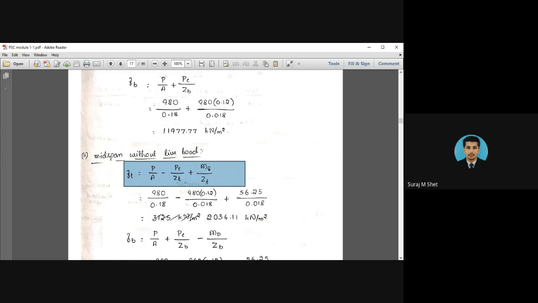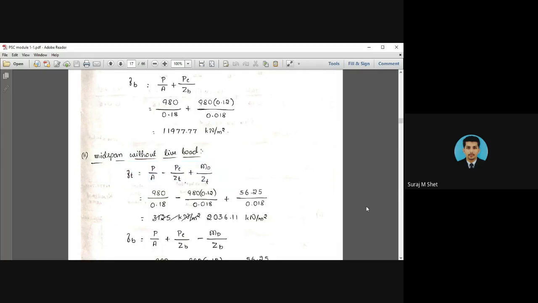I am not taking the live load, ML divided by ZT, because they asked to find without live load. If they ask with live load, then you have to add MD divided by ZT plus ML divided by ZT. Okay, this is the concept.